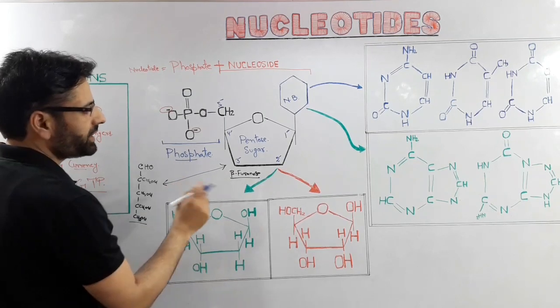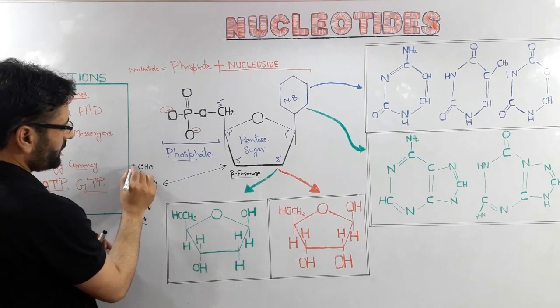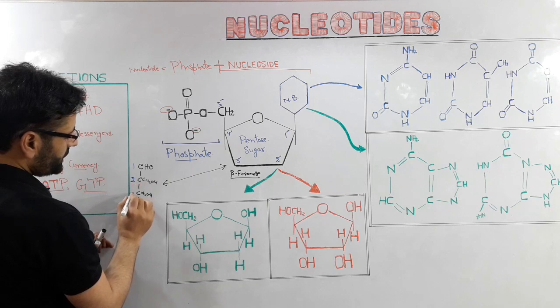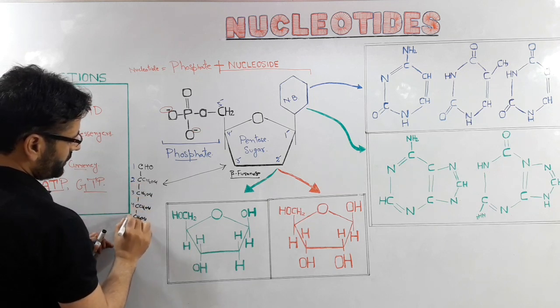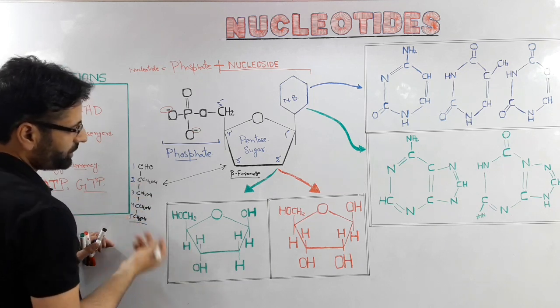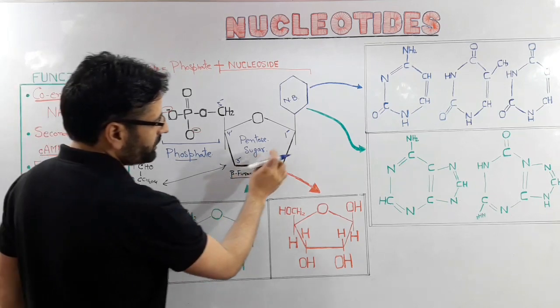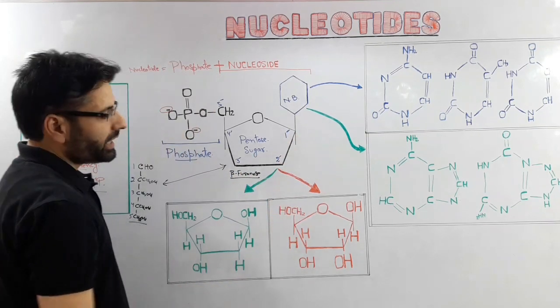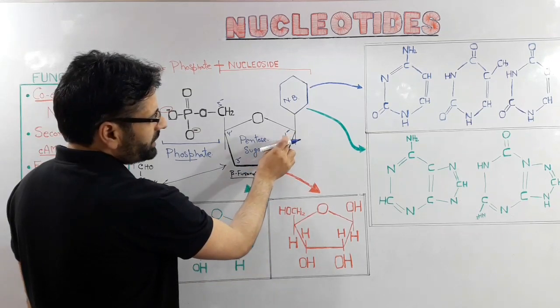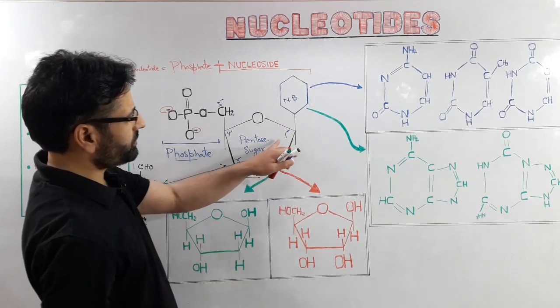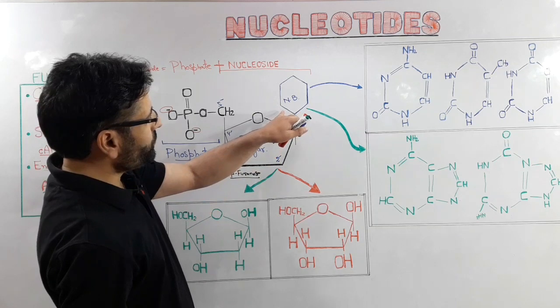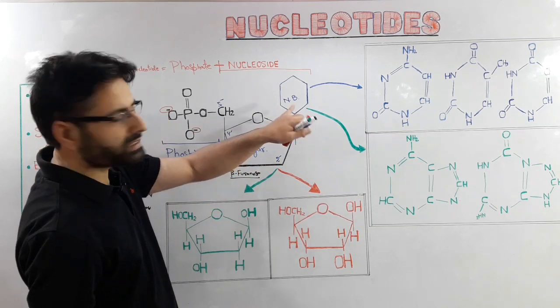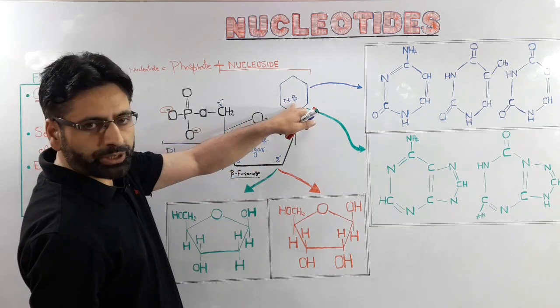They are different from the open chain numbering. In open chain numbering, we simply have 1, 2, 3, 4, 5 as simple numerals. But in the case of this pentose sugar, we add this prime while numbering these carbon atoms. And this addition of prime is to distinguish these carbon atoms from the numbered atoms present in the nitrogen base.